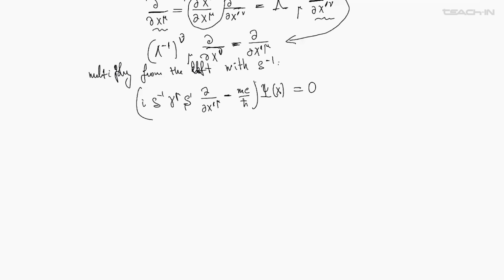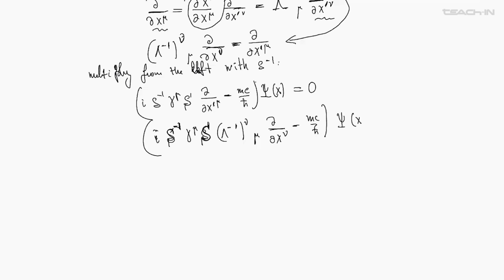So we have S minus 1 gamma mu S, and now I substitute lambda minus 1 nu mu d over dx nu, minus mc over h bar, acting on psi of x, is equal to 0.